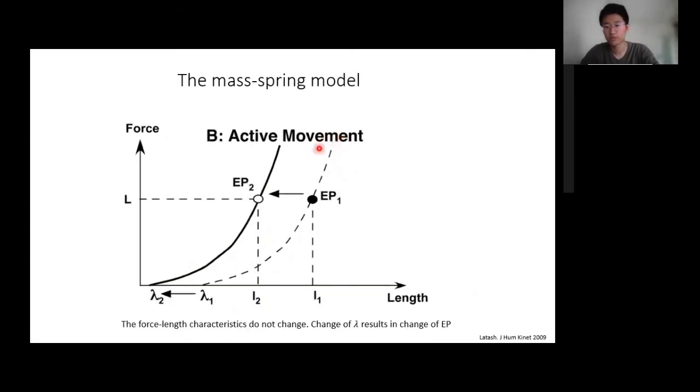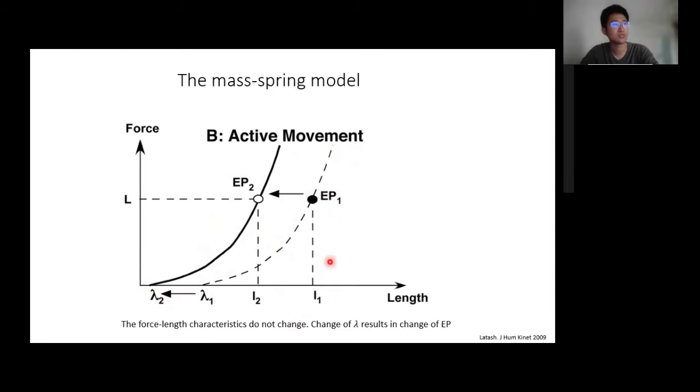So how do we produce a movement? Or how do we change the length of a muscle? If we want to shorten the muscle, we can simply decrease the zero length of the muscle. This exponential curve actually does not change much in shape. So let's assume it has the same shape, independent of where your zero length is. And this is also confirmed by experiment. When you shift lambda to a smaller value, this force-length curve also shifts.